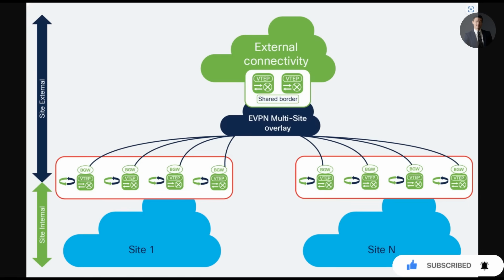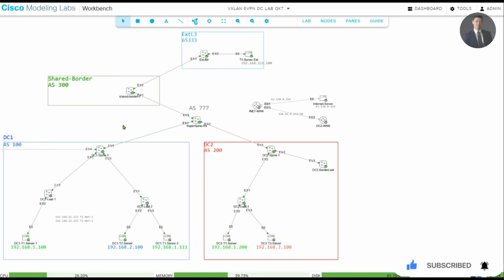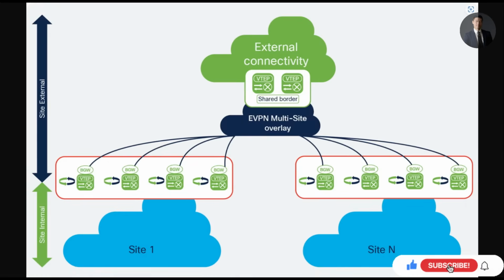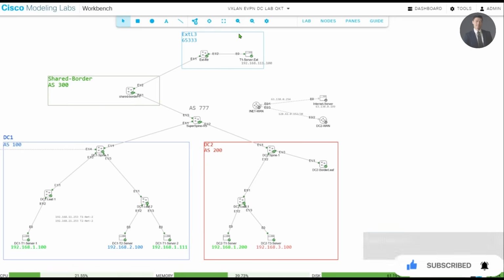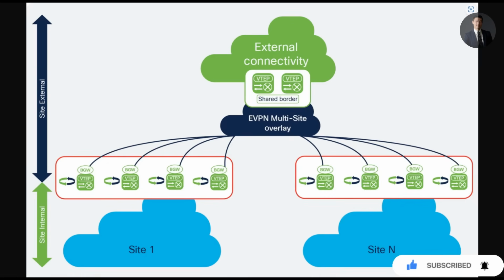We have done that with site 1 as DC1 and DC2, using a super spine route server for EVPN for the multi-site connections, right? So in this multi-site, we have done that to overlay the clouds in this multi-site overlay.